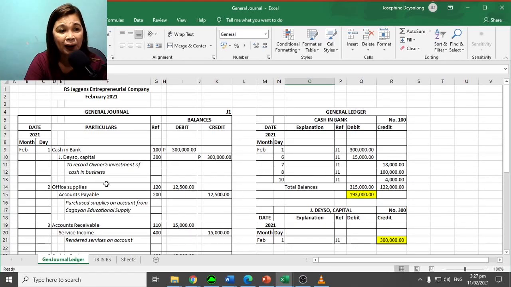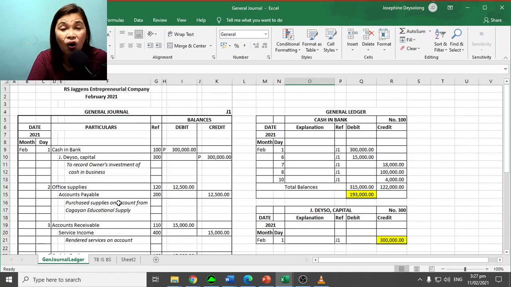What about office supplies? So office supplies here is debit. It is what I receive. It is my asset. So that is on the debit side. Now, parted with, I didn't pay cash. I purchased supplies on account from Cagayan Educational Supply.